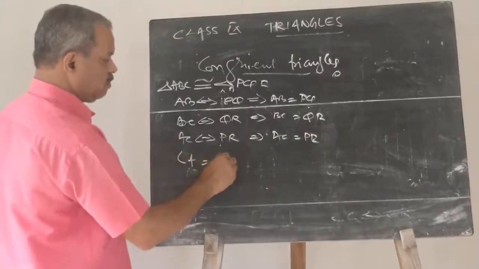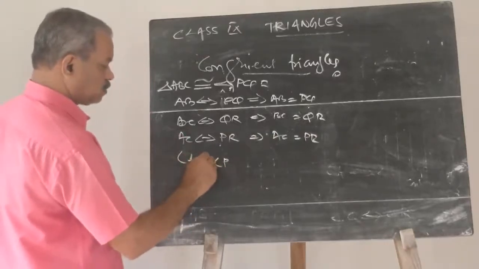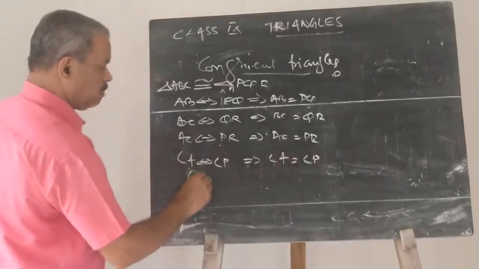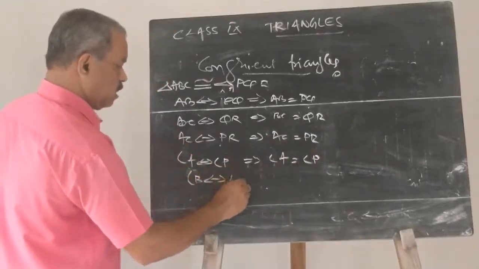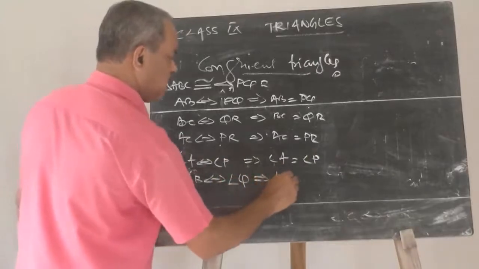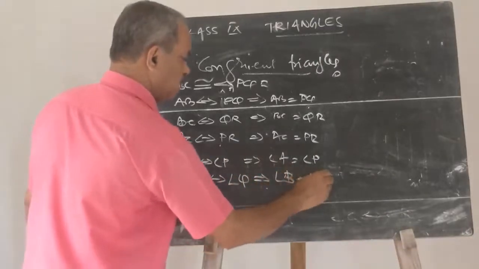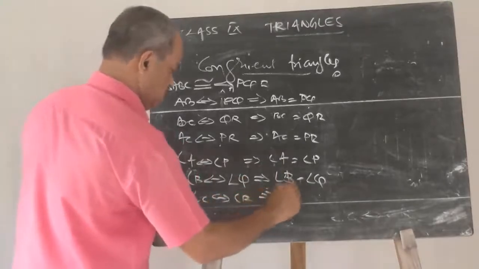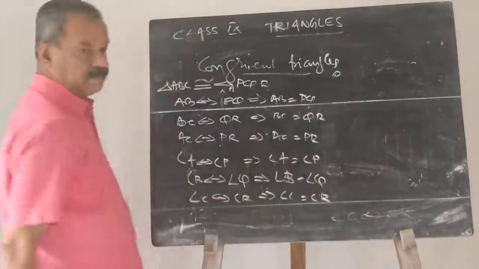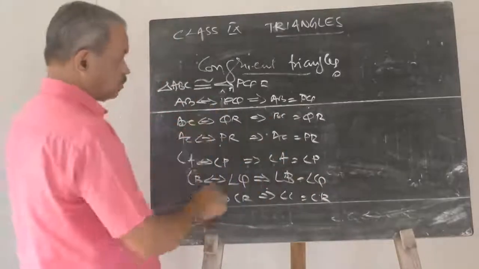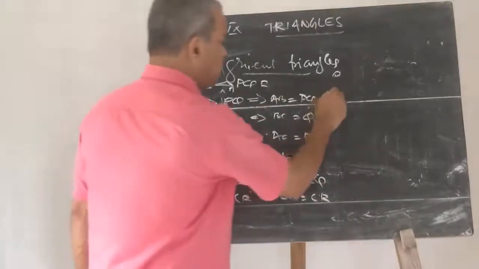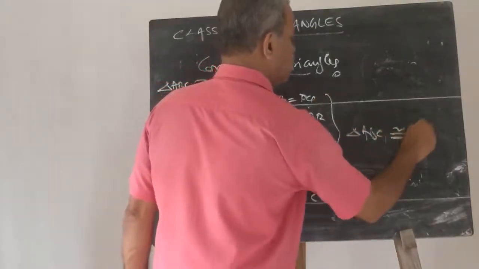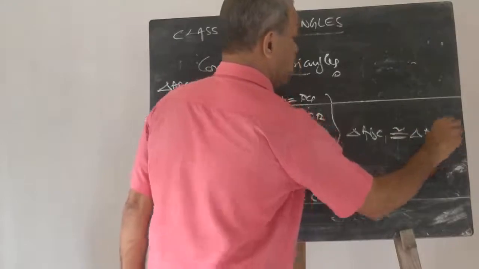Angle A corresponds to angle P gives angle A equal to angle P. Angle B corresponds to angle Q gives angle B equal to angle Q. Angle C corresponds to angle R gives angle C equal to angle R. If these correspondences are equal, then triangle ABC is congruent to triangle PQR.